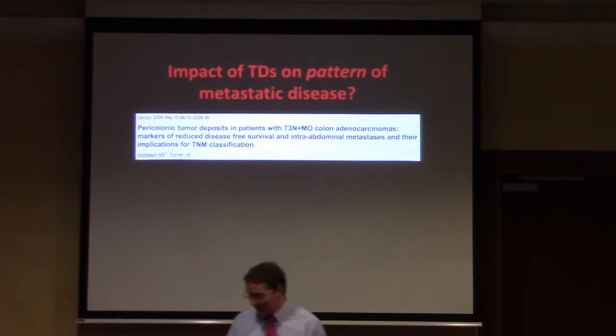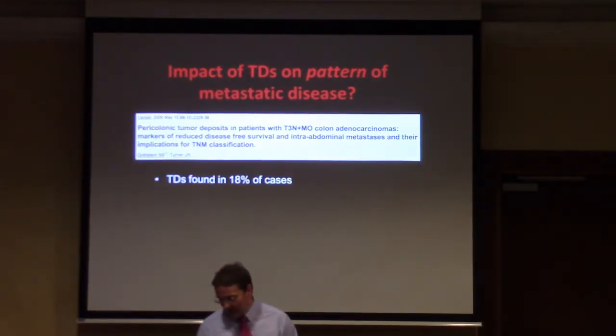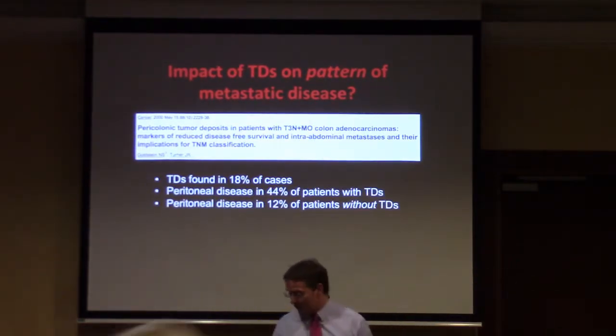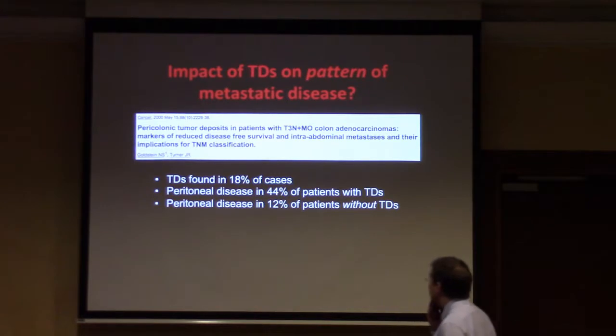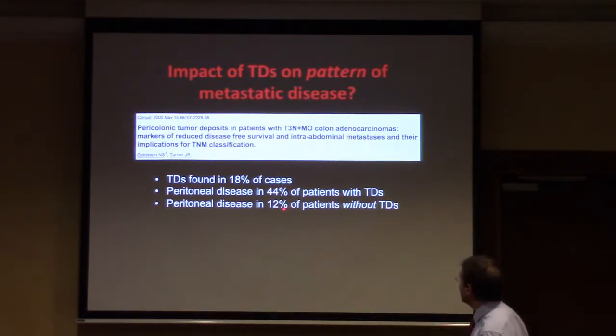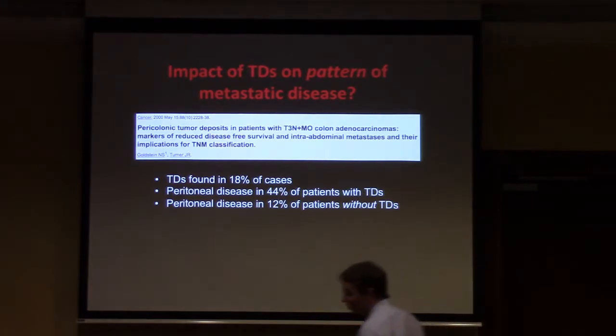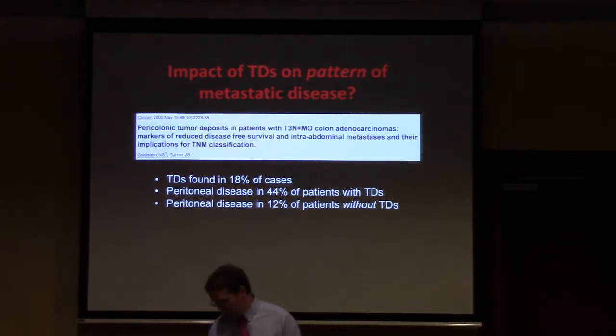He looked at the pattern of recurrent disease in these patients. So we found tumour deposits in 18% of cases, but interestingly, in 44% of patients with tumour deposits, they get peritoneal disease, but in those without tumour deposits, only 12%. So are tumour deposits some sort of marker of increased risk of peritoneal disease?